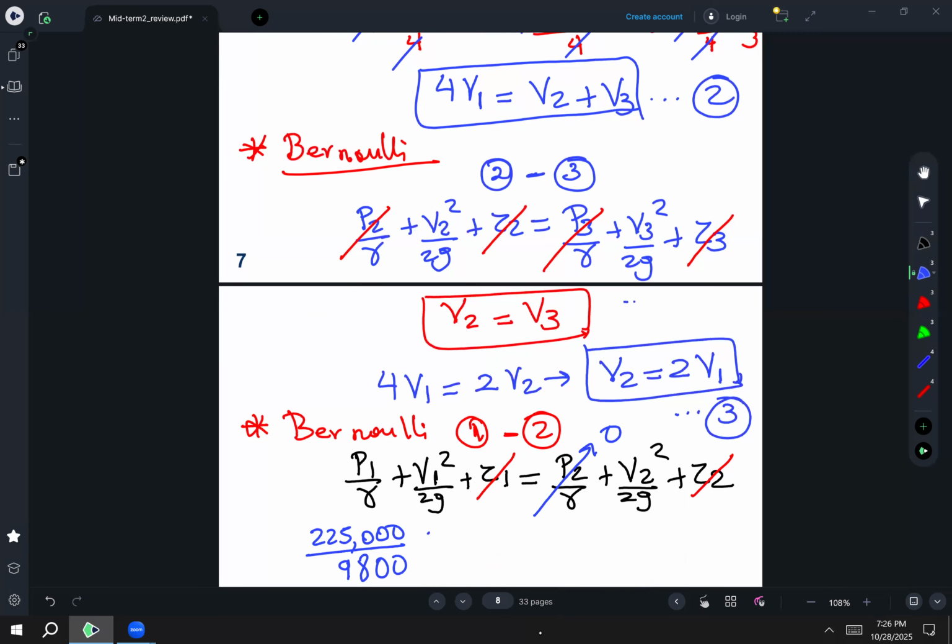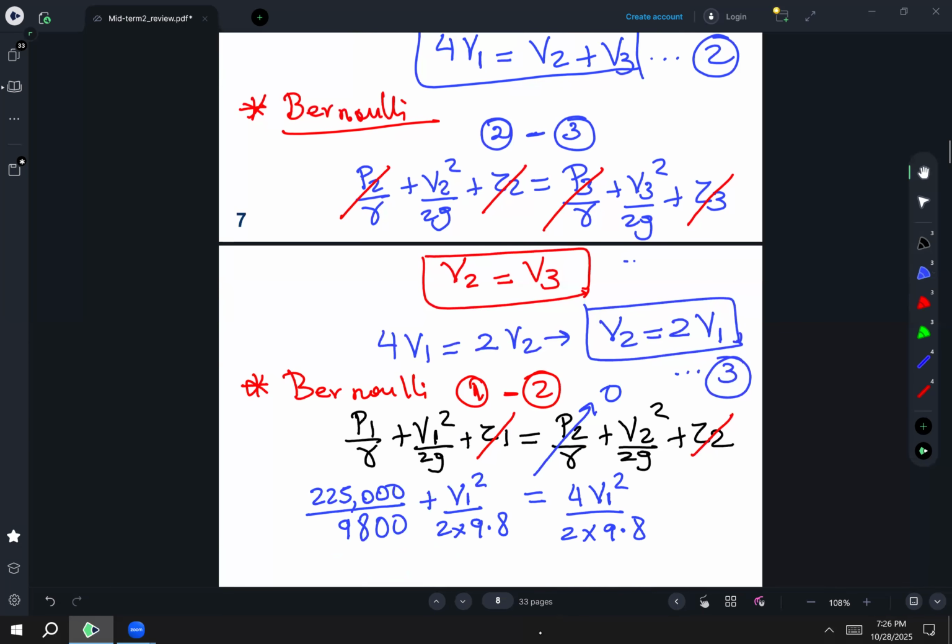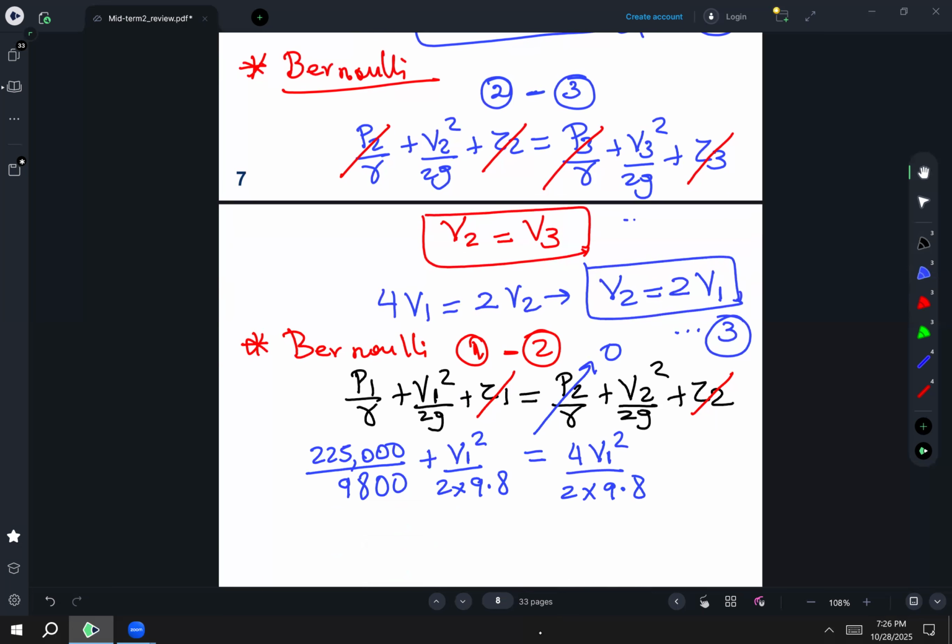And then here we have plus velocity 1 squared divided by 2 times gravity, 9.8. And this is equal to velocity in 2. And velocity in 2 is equal to 2 times velocity 1, which means that this is going to be 4 times velocity 1 squared divided by 2 times 9.8. So from this, the only unknown is velocity 1, so we can get a value of velocity 1 here.